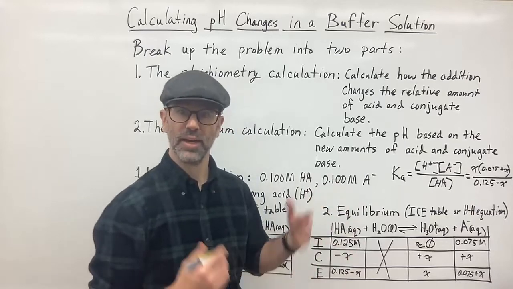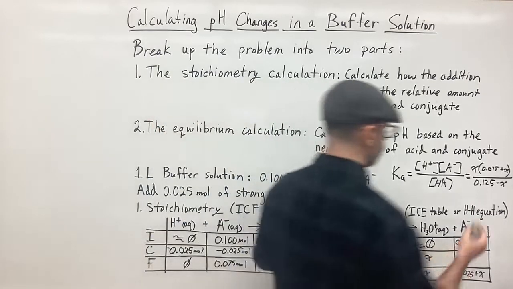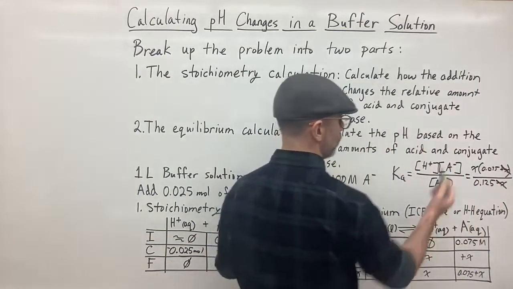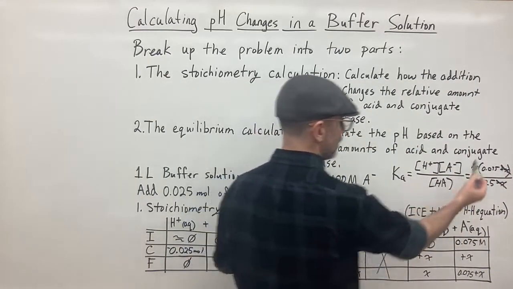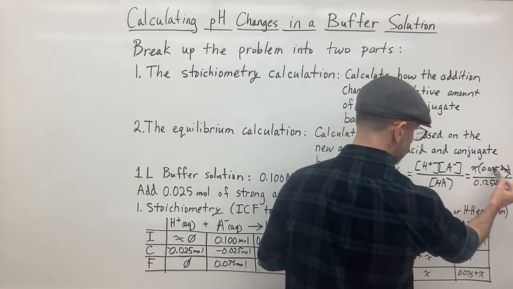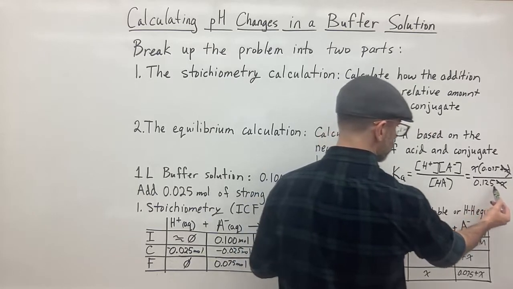We can do the approximation, and so you would get rid of the plus X and minus X. And so this ends up being Ka is equal to X multiplied by 0.075 divided by 0.125.